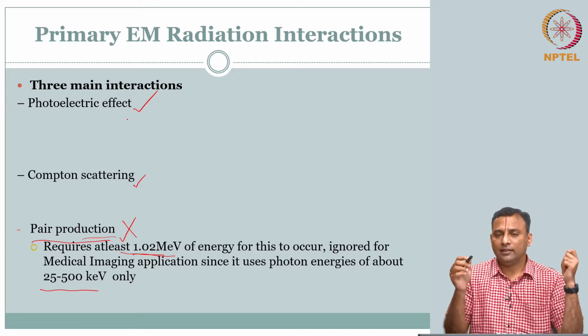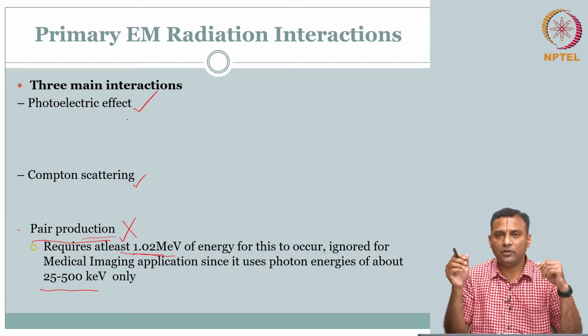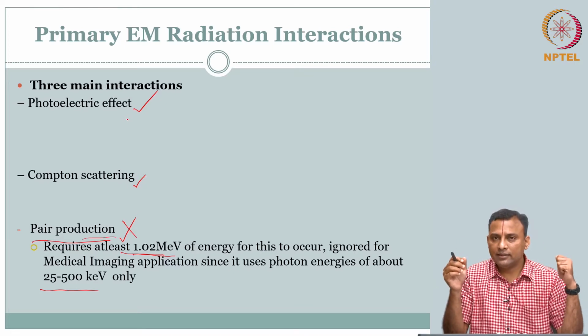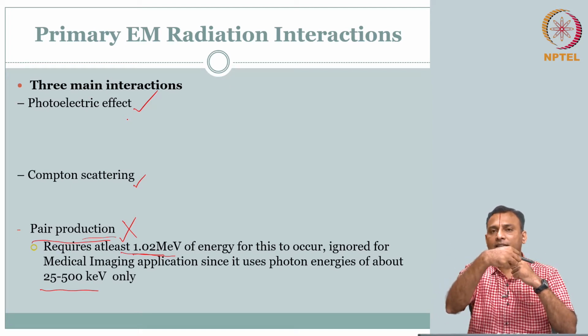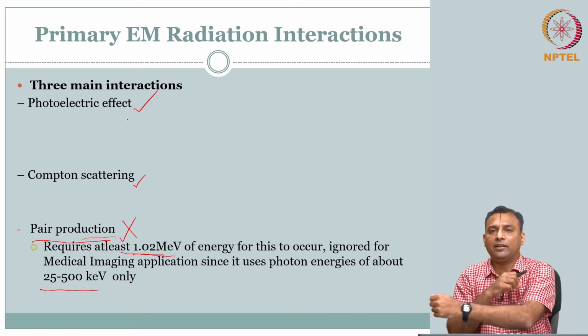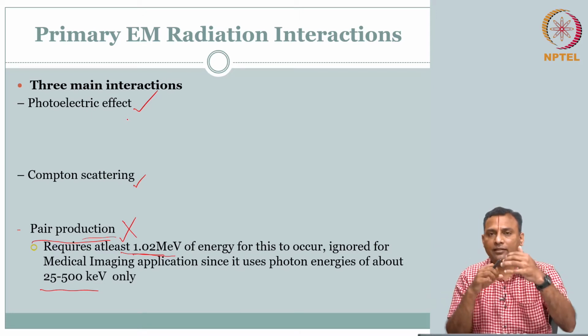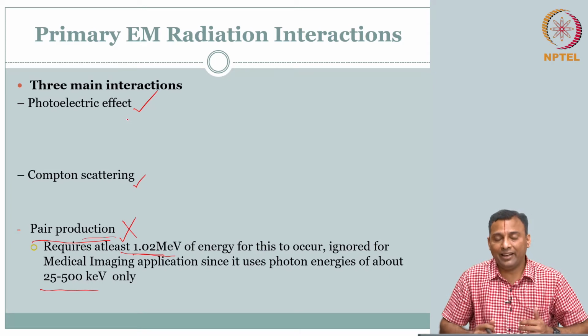One is the electron kicking out and then characteristic radiation coming out. The other is the electron with energy going near the nucleus, but it does not get annihilated; it changes path, with reduced energy, and that difference in energy comes out as X-ray Bremsstrahlung radiation.